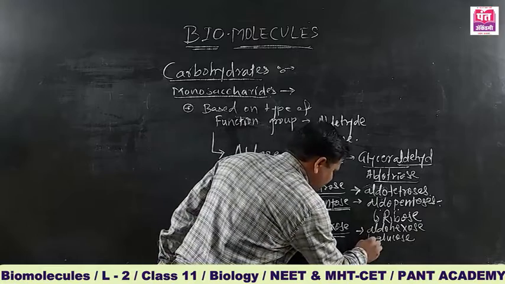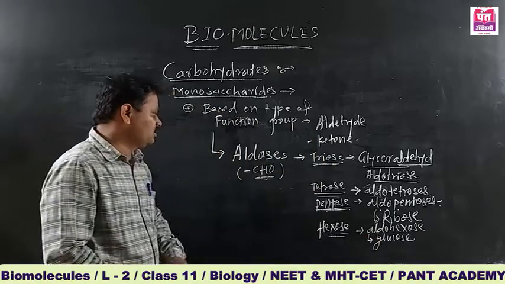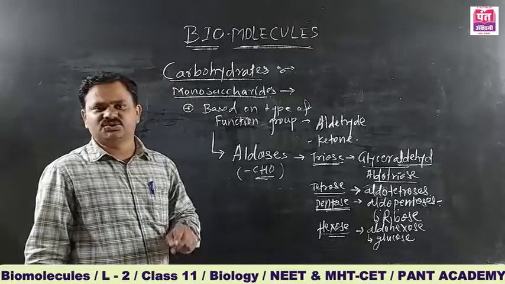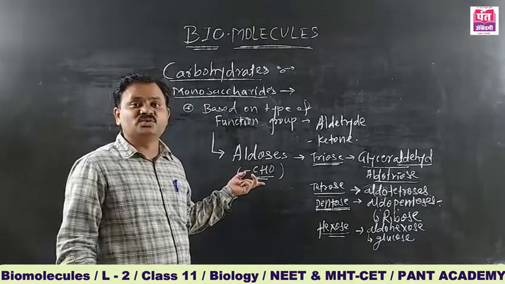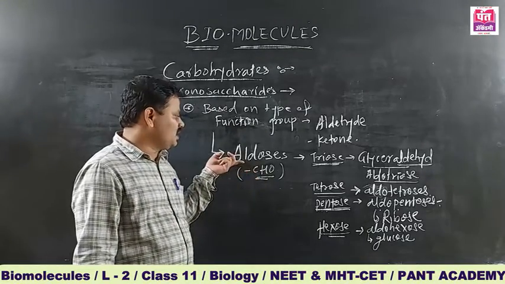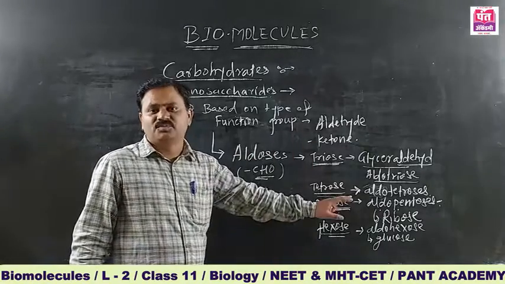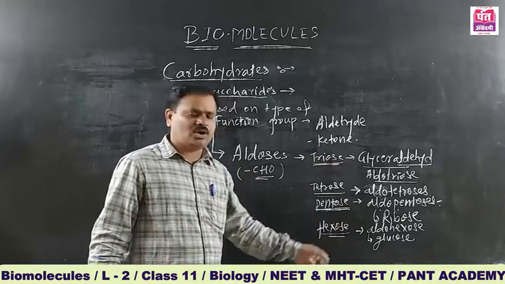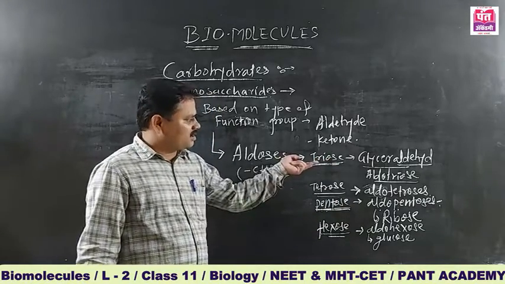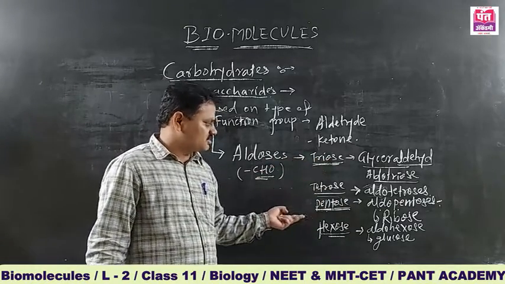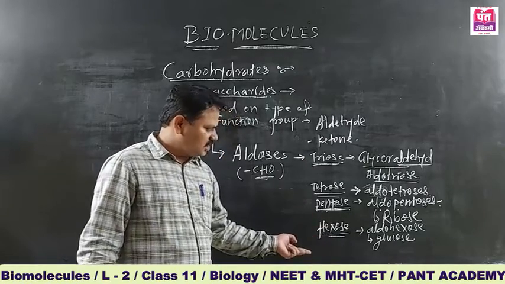So these are the many different aspects of the aldoses. Aldoses are sugars which contain an aldehyde group as a functional group. Some sub-classifications of these aldoses are trioaldose, tetroaldose, pentoaldose, hexoaldose.